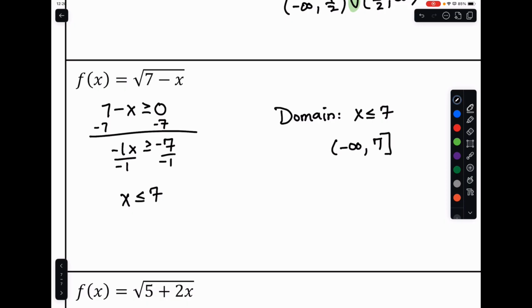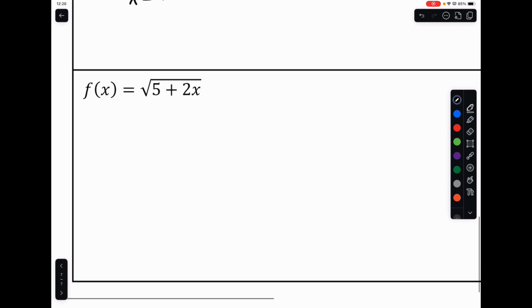Let's do another one. In this even root function, what will be all the values of x?